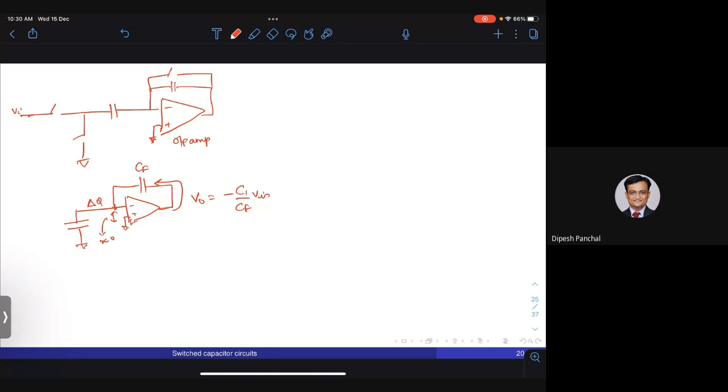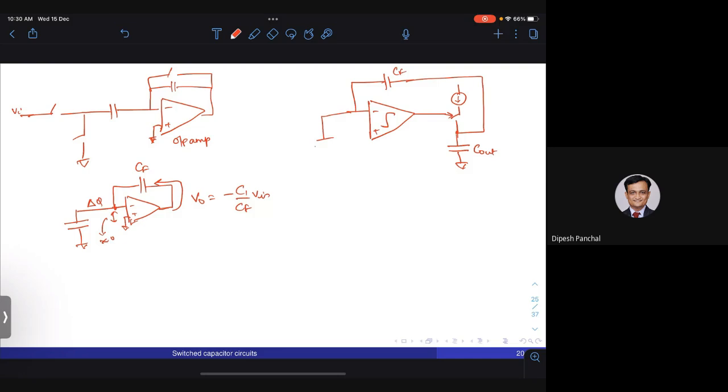Now what we are going to do here is try to make this using switched capacitors, comparators and switches. So we have a comparator here, and a switch, and the feedback capacitor CF is connected here, and you have a capacitor C1 which is here.